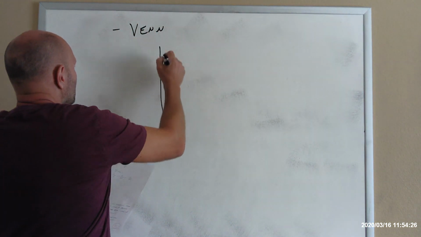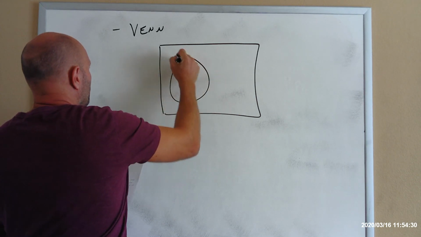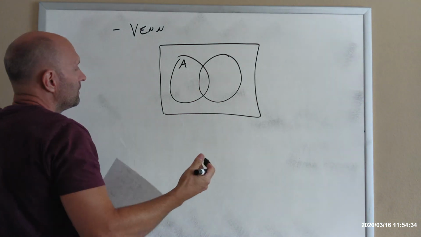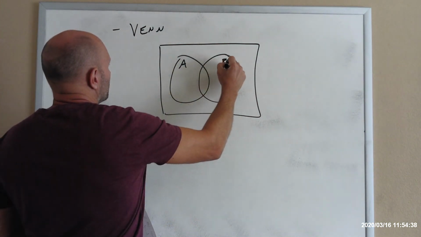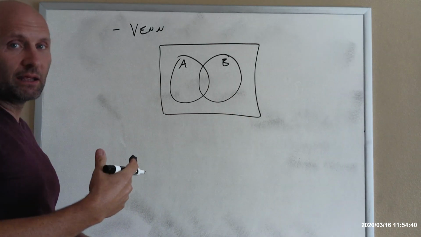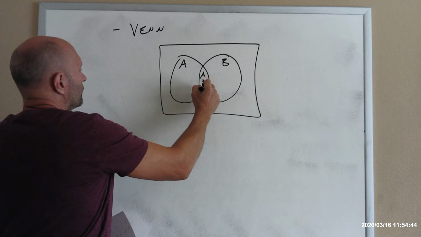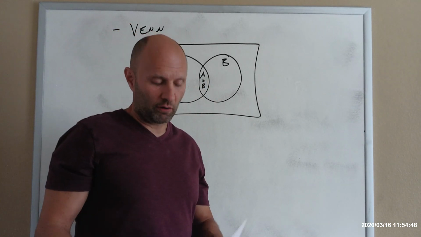So pictorially, it looks like what? We have 2 circles. This is event A, how many kids have a dog? This is event B, how many kids have a cat? And where they intersect or overlap is A and B. How many have a cat and a dog?